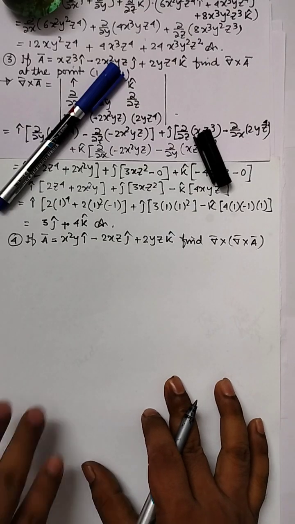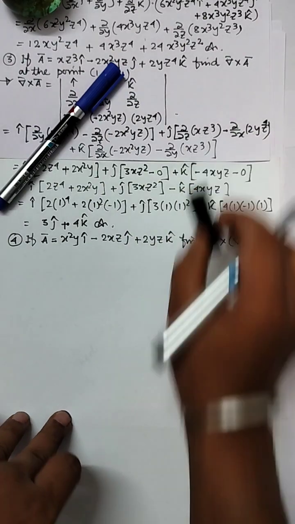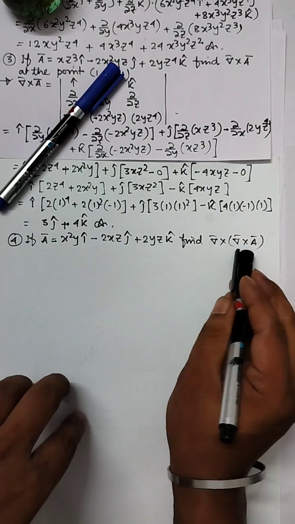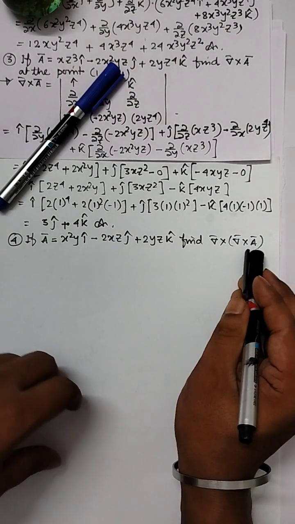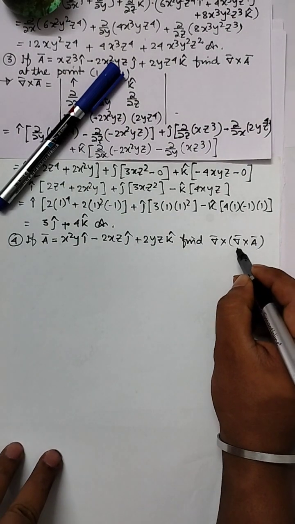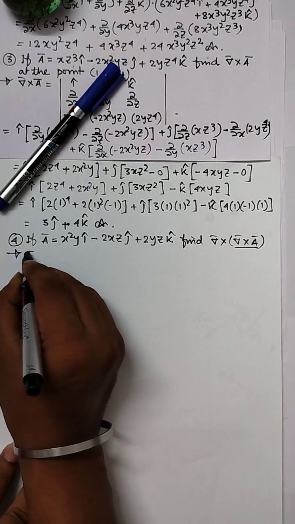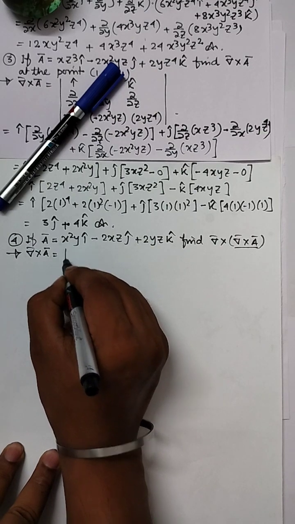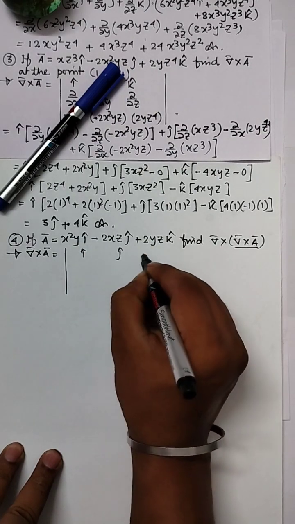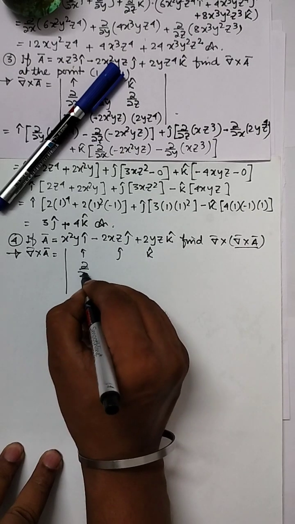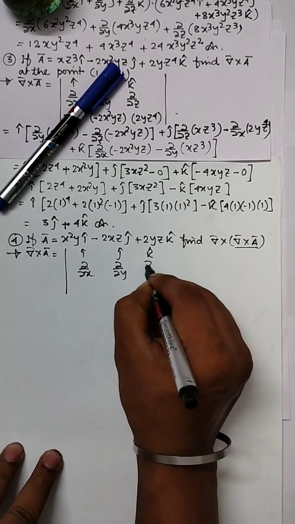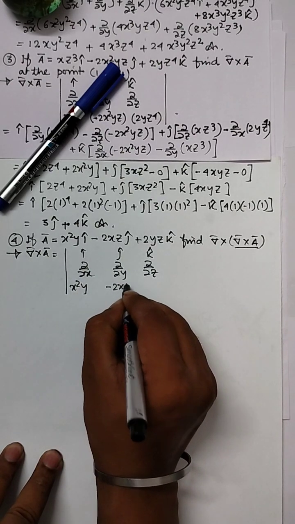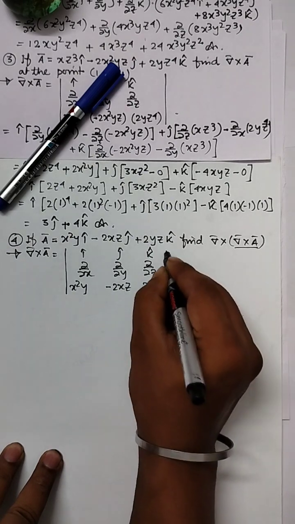Fourth problem: if the vector A is x²yi − 2xzj + 2yzk, find ∇ × A, that means curl of A. First we have to find this term, that means ∇ × A. So the determinant of i, j, k, ∂/∂x, ∂/∂y, ∂/∂z, x²y, −2xz, 2yz.